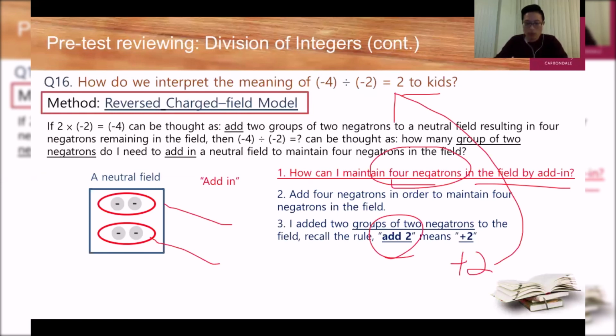It is a little bit different from the multiplication in the normal charge field model, but basically it's the same concept, we just try to reverse it. You can do more practice with this reverse charge field model when you do homework 9. I will give you feedback if you make any mistake in the homework.